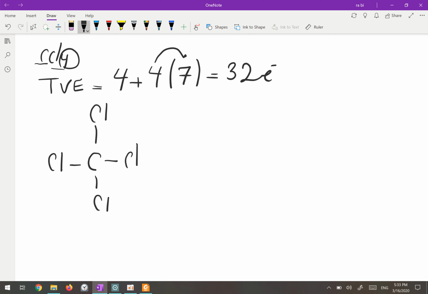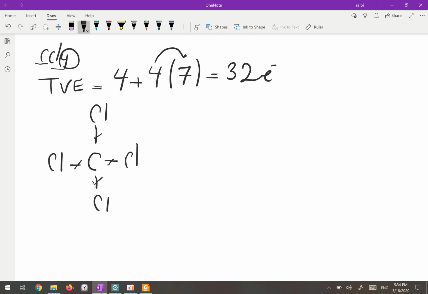The next step is to make all of the atoms octets. The carbon at the center is already an octet because it has 2, 4, 6, and 8 electrons. You know that each bond represents 2 electrons, or a pair of electrons.